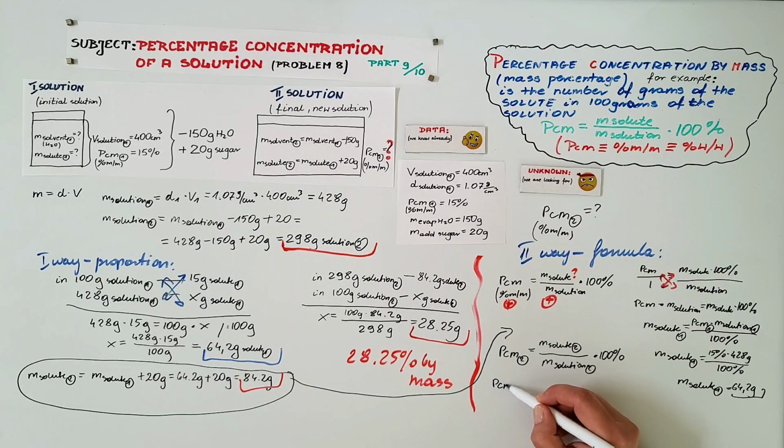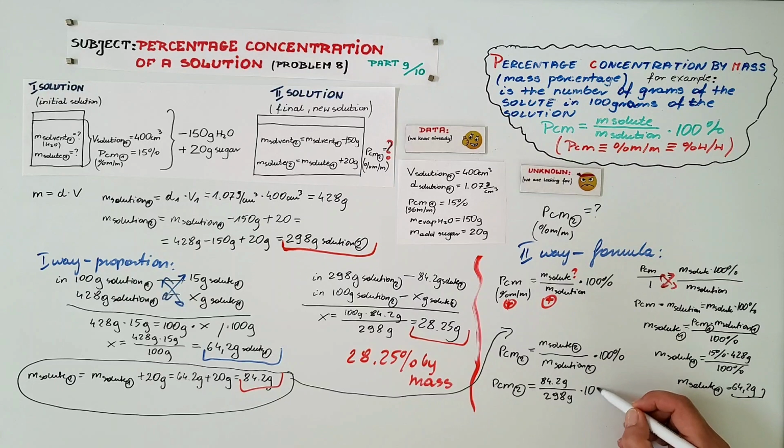So it is 84.2 grams per 298 grams multiplied by 100% equals 28.25%. Of course, same answer like on the base on proportion.